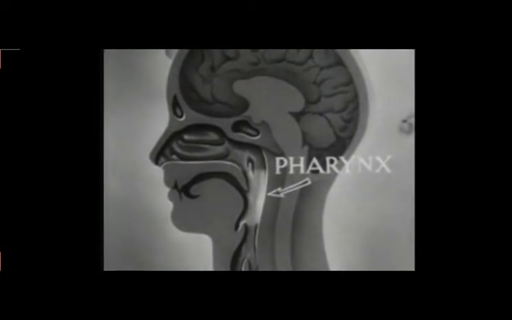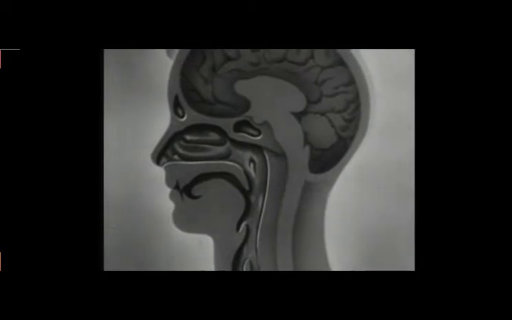Then it is coughed out or swallowed into the stomach, where any remaining microorganisms are destroyed by the digestive juices. If these defenses are weakened, the cold virus will gain a foothold and cause the inflammations which so often are associated with the common cold.